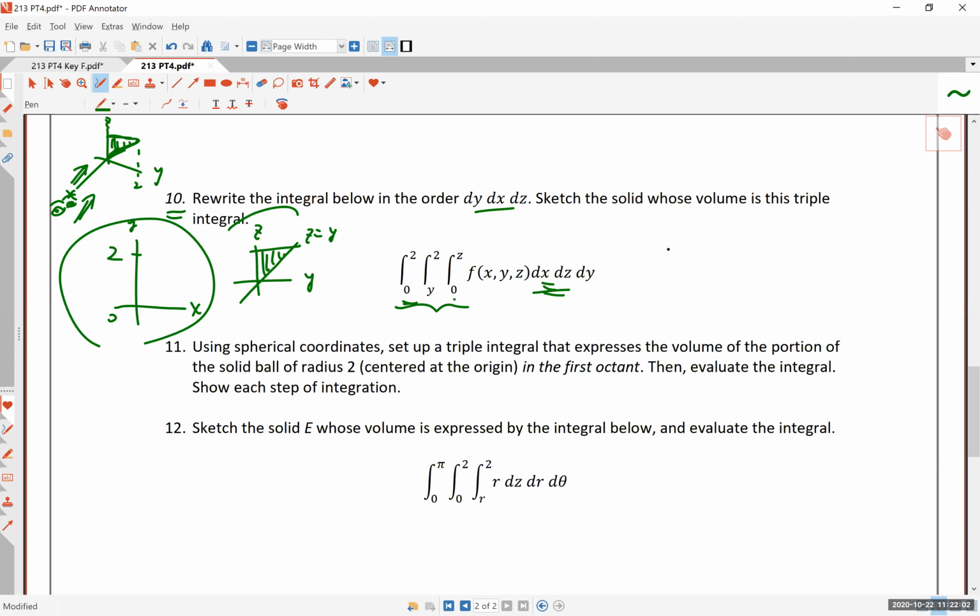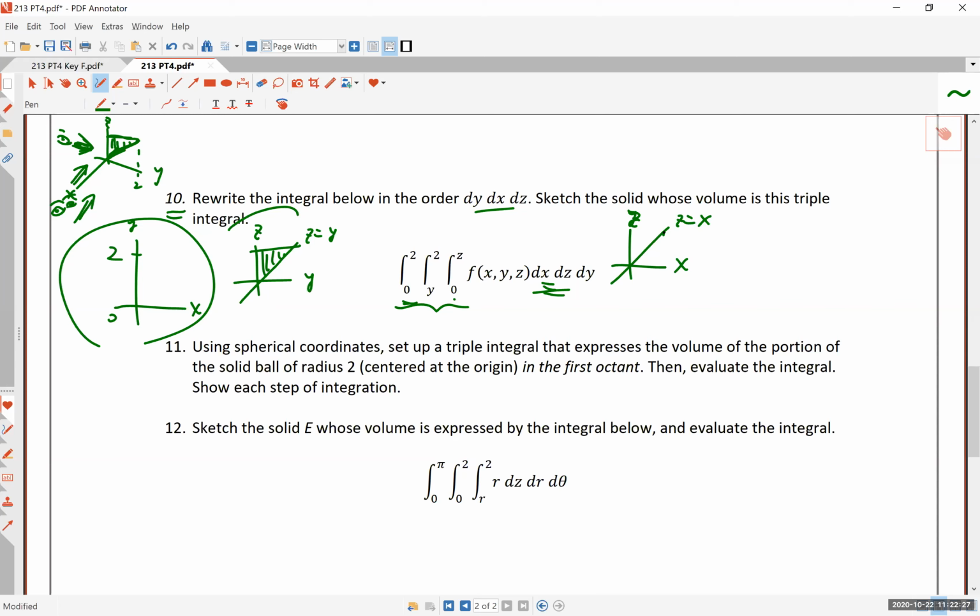So what does that look like? Now again, this time you're going to have to look at this from this point of view. If you look from the left side of this space, you have x and z here. x goes from 0 to z, so z is equal to x.